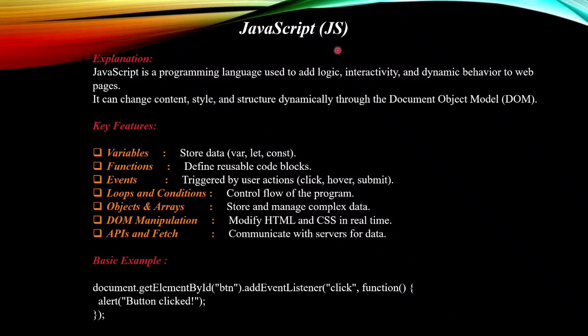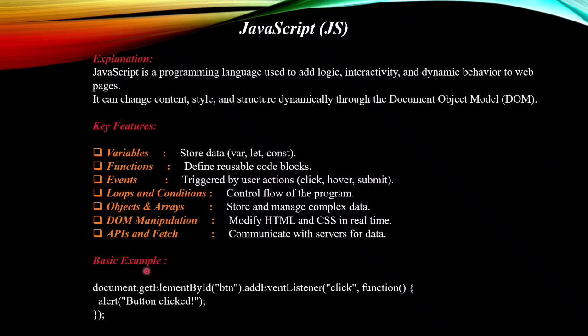DOM manipulation modifies HTML and CSS in real time using element selectors like ID and class. Next are APIs and fetch. They communicate with server data. Like if we are designing a weather application and we want the data, then directly using APIs we can fetch the data dynamically.